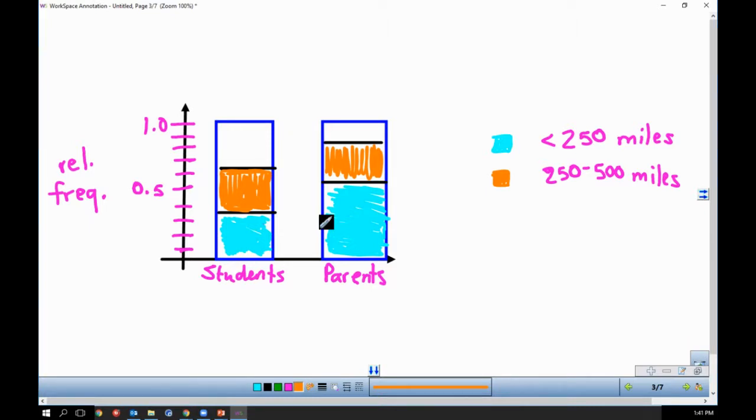Then we go to the third category. And I'll need to add 0.35, 0.31, and 0.19 together. Now tell me where the next break is. I think that's 0.85. And I'll do that one in green.